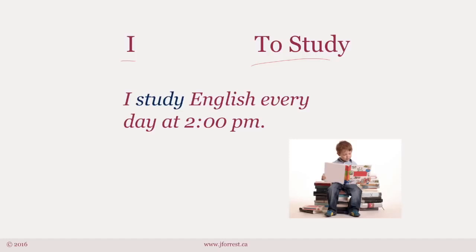Now you could have said anything. You could have said, I study math. I study, without even saying what. I study every day. I study in the morning. So there's lots of different sentences you could have used. And why is this sentence in the present simple? Very good.